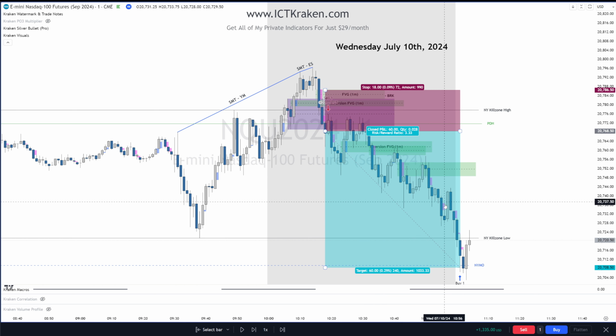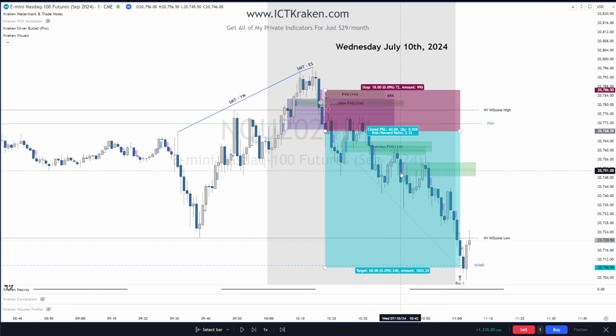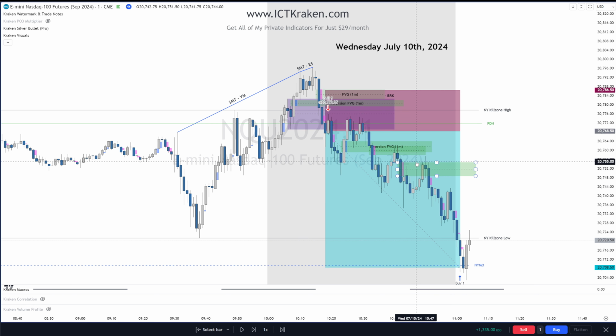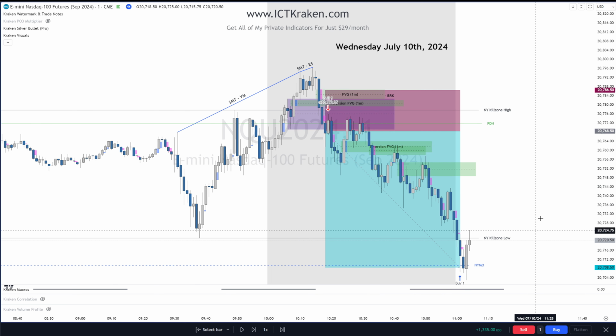At this one right here, this SIBI was violated, and I should have had my stop right here based on the 3 PD array rule: fair value gap, fair value gap, fair value gap. And I said then that if this traded up into this fair value gap here, I would have moved my stop here, which I should have already had. But it didn't. So then I moved it down here anyway because of the 3 PD array rule. And then this one moved it down again. And then we finally hit our TP.